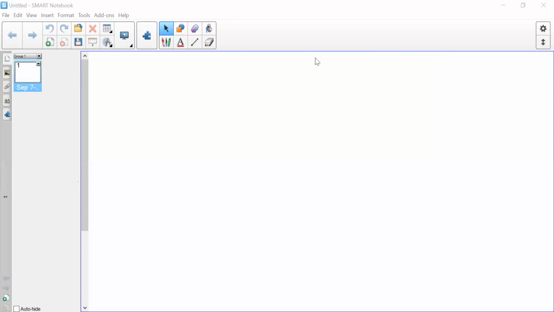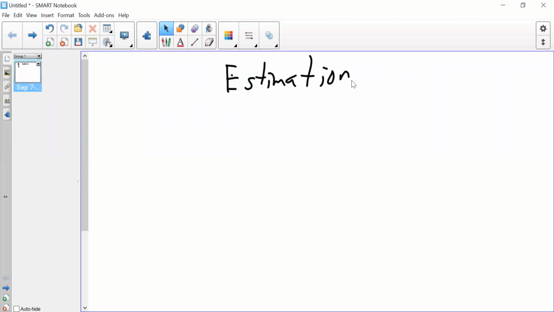So the first thing we have talked about is estimation. And please take notes accordingly. We have stated that estimations are educated guesses. They're order of magnitude guesses or estimates.